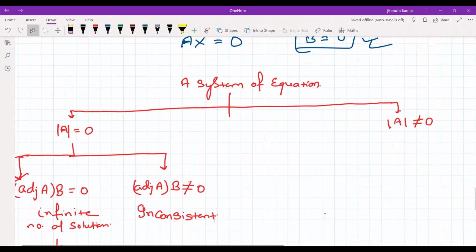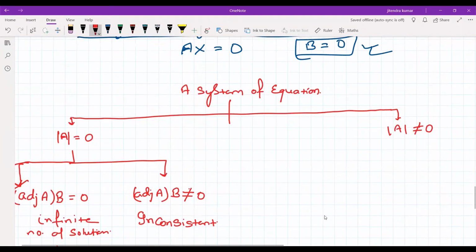Now in the second case, when determinant of A is not equal to 0, and adjoint of A into B is also not equal to 0, this will give us a unique solution.